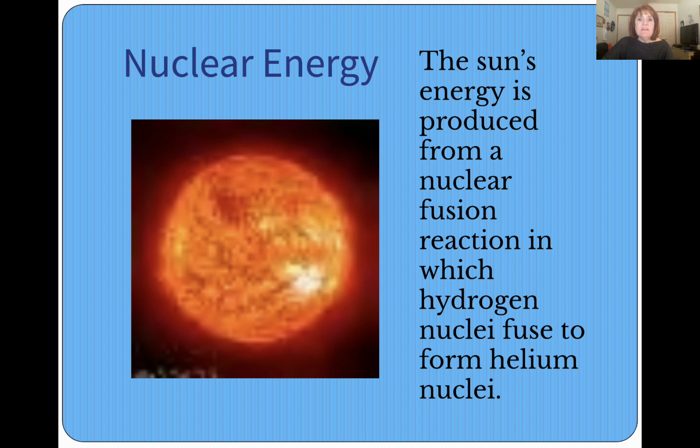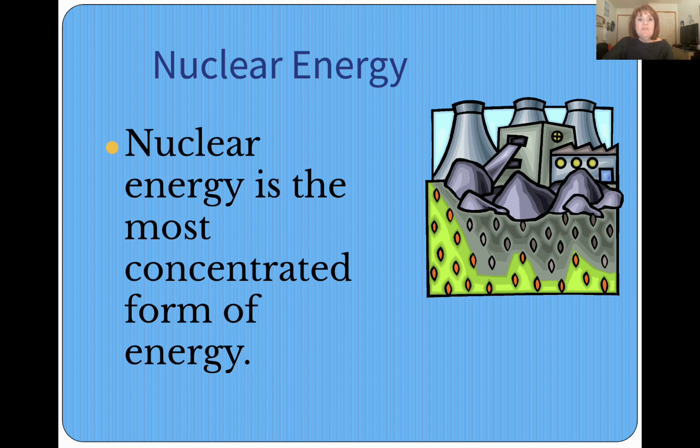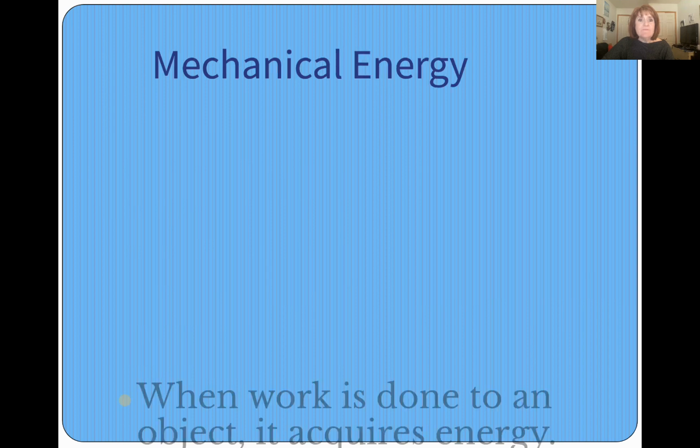The sun is a nuclear fusion engine. The sun's energy is produced from a nuclear fusion reaction in which hydrogen nuclei fuse together to form helium. Nuclear energy is the most concentrated form of energy, but it can be the deadliest.